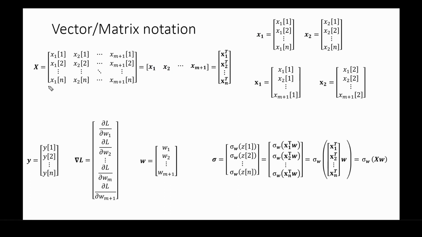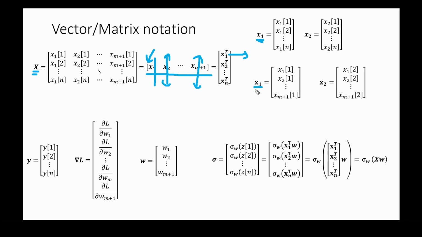We can also rewrite this capitalized matrix X into this form, where each of these italic x's represents a feature column vector. So italic x1 is a column vector, italic x2 is also a column vector, all the way to x m plus 1. Regular x without italic represents a sample.